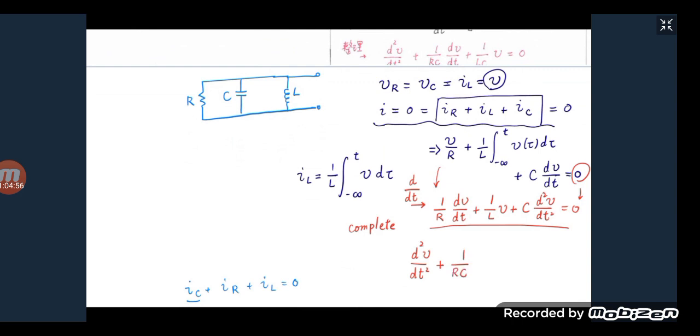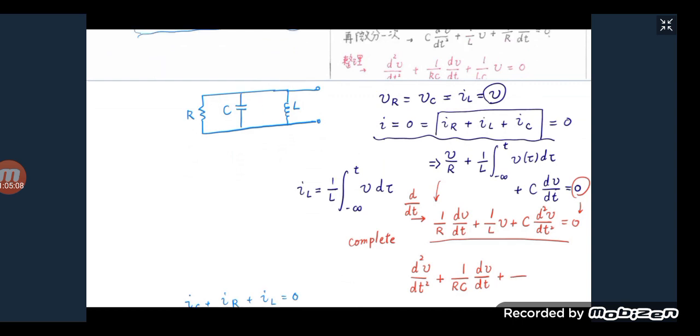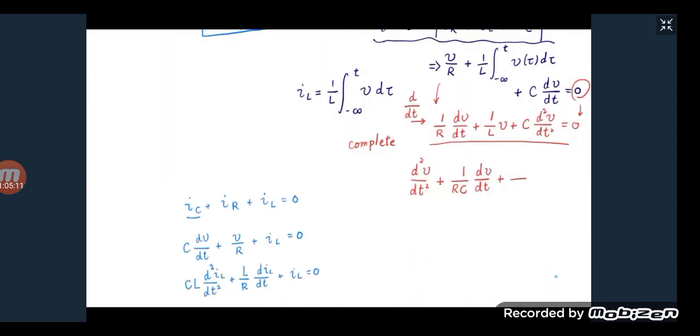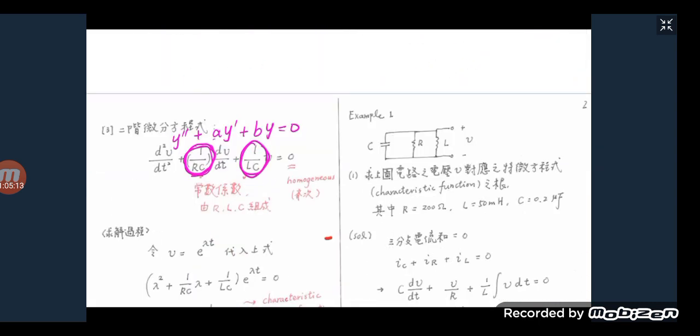RC plus... sorry, let me double check that.